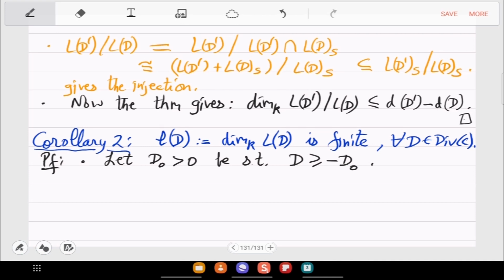Right? So D0 is a positive divisor such that none of the orders in D are worse than minus of that. Now, what can you say about L of minus D0? What is this space?